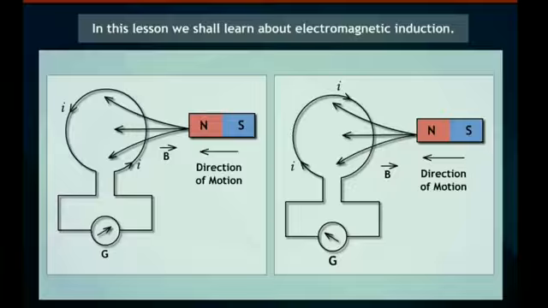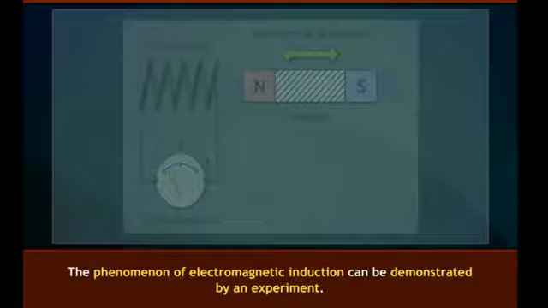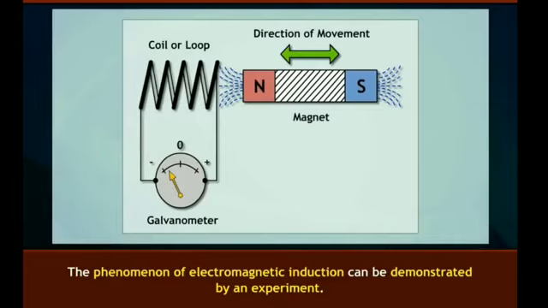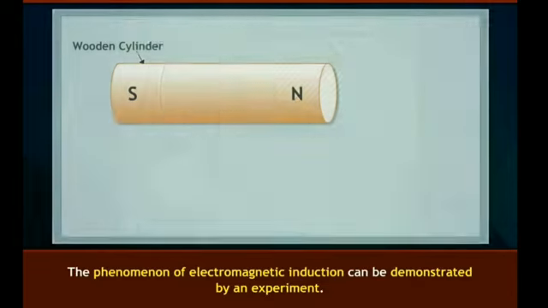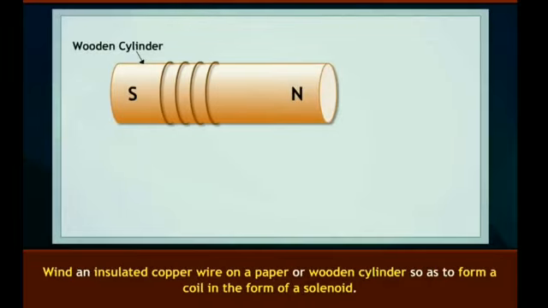Electromagnetic induction. The phenomenon of electromagnetic induction can be demonstrated by an experiment. Wind an insulated copper wire on a paper or wooden cylinder so as to form a coil in the form of a solenoid.